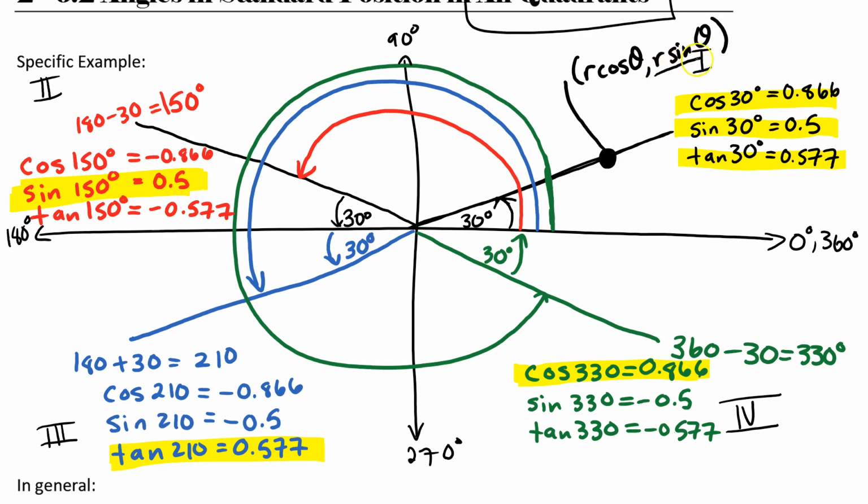Where sine is positive, it means that my y values are positive. And look at that. In the first quadrant, my y value is positive. And in my second quadrant, my y value would be positive. Where cosine is positive is when the x values are positive. So cosine is positive in the first quadrant, and cosine is also positive in the fourth quadrant.